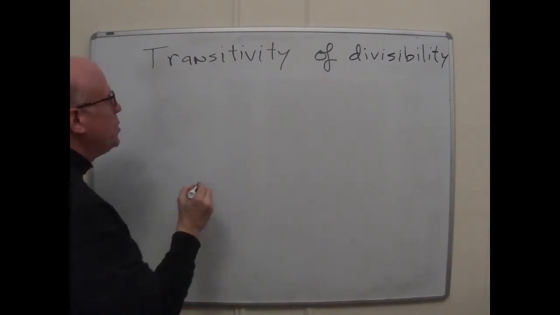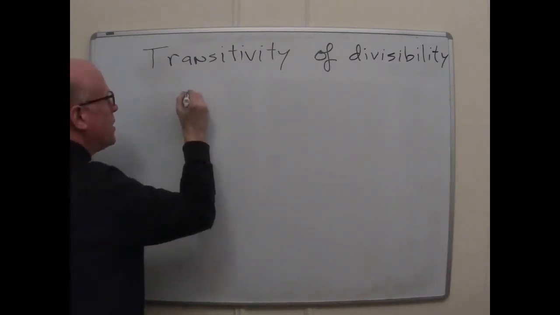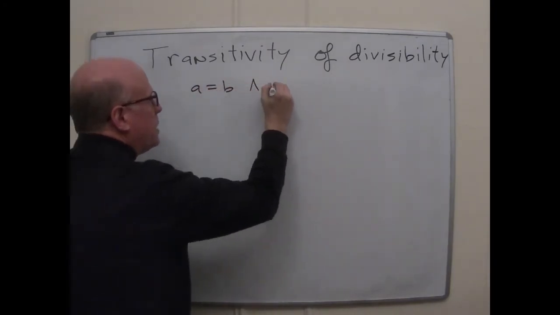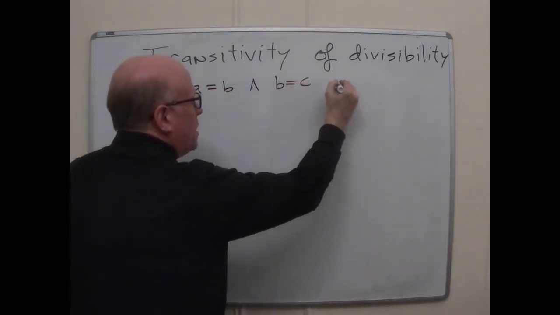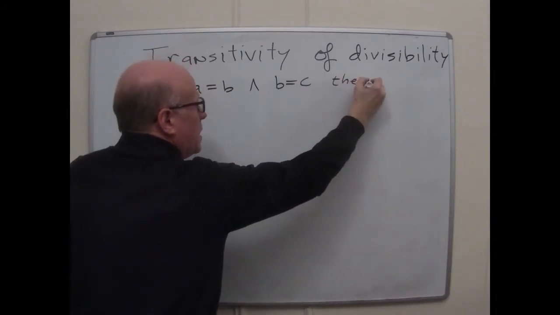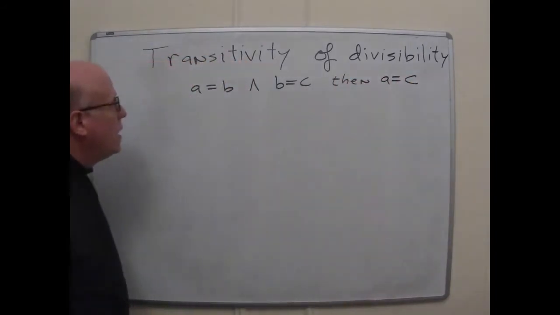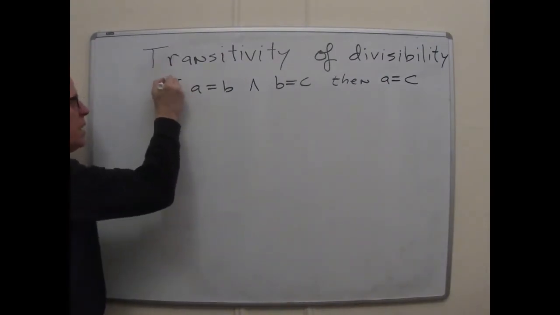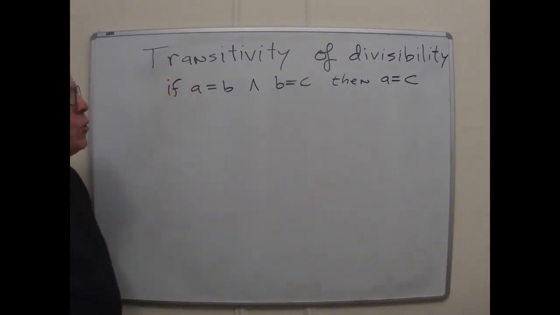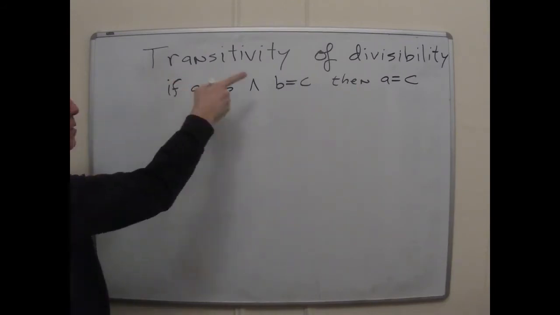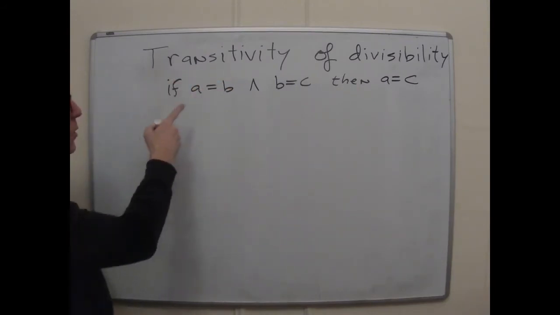I'm thinking middle school, you would have learned this rule of transitivity, that if A is equal to B and B is equal to C, then A must be equal to C. Right? So this is just applying the same concept, but with the divisibility symbol inserted where the equal signs are.